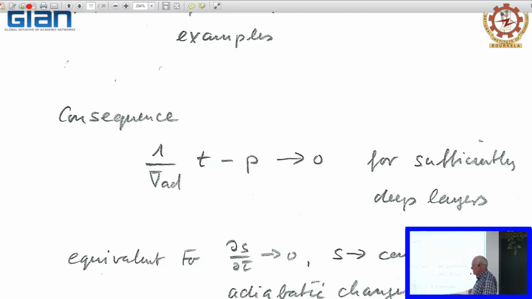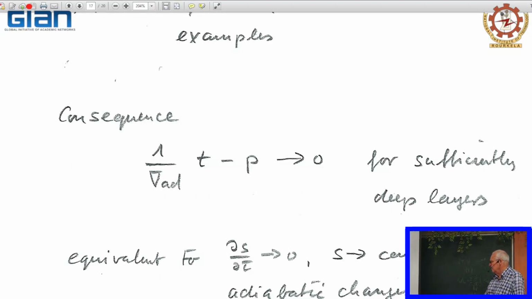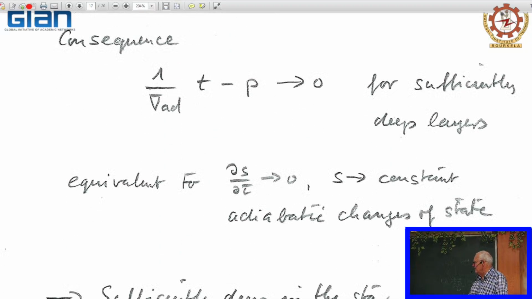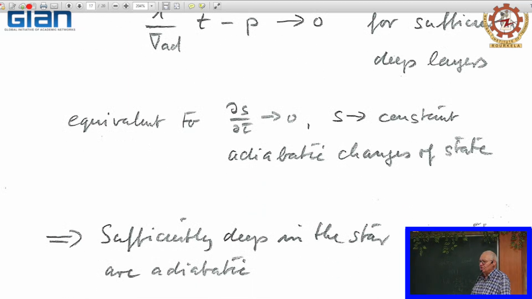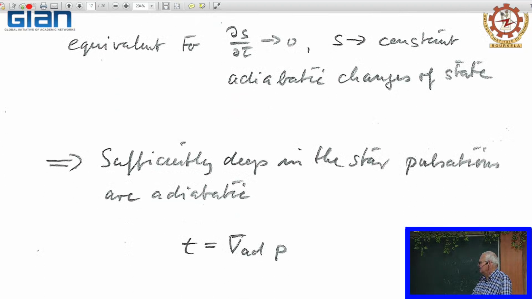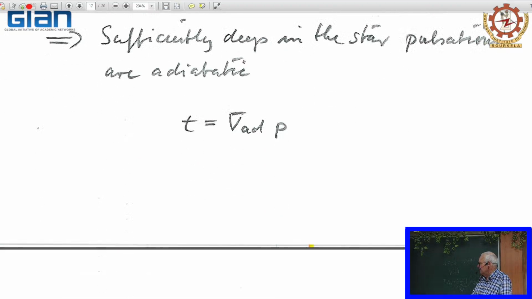This is equivalent to the time derivative of the entropy becoming zero, or the entropy becoming constant, or in other words, adiabatic changes of state. That means sufficiently deep in the star, pulsations are adiabatic. T1 is nabla adiabatic times P1. This is the explicit condition for constant entropy or adiabatic changes of state.